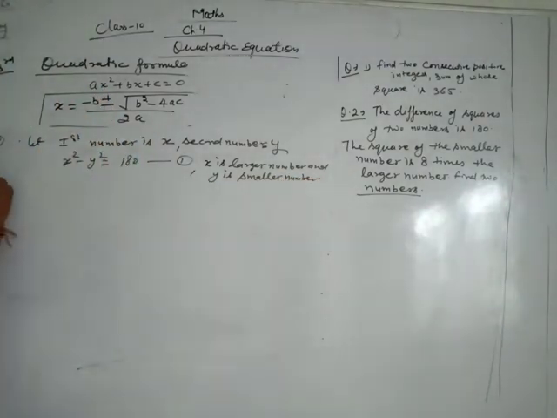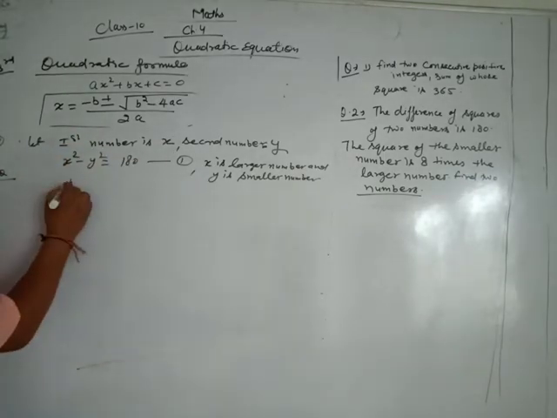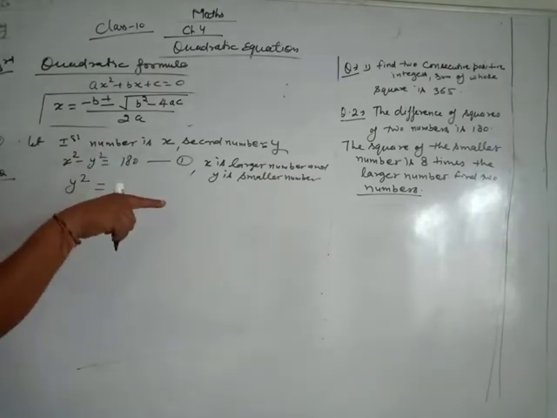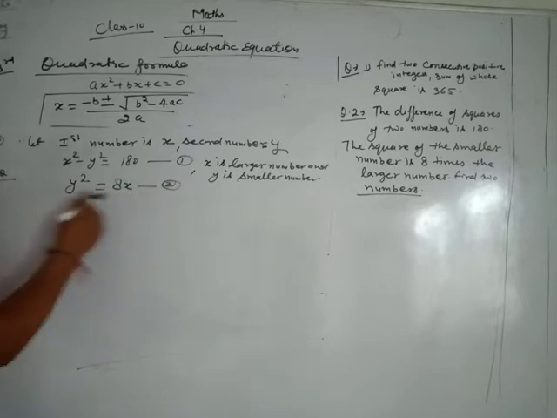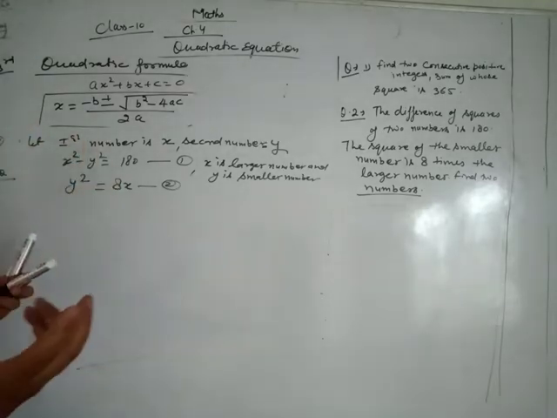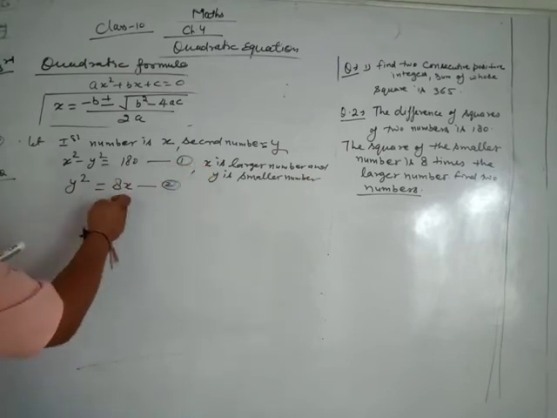According to the question, the square of the smaller number is 8 times the larger number. It means this. Clear? Understood? The square of the smallest number equals 8 times the greatest number. x is the larger number.